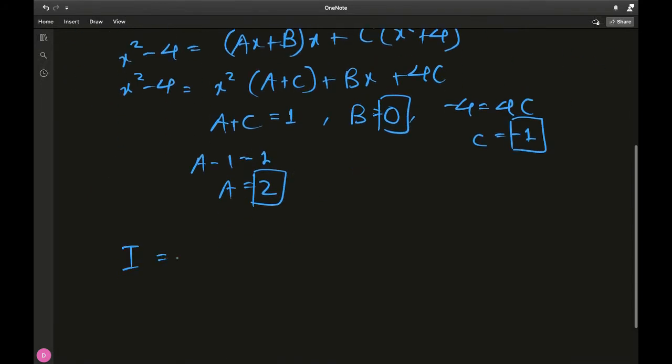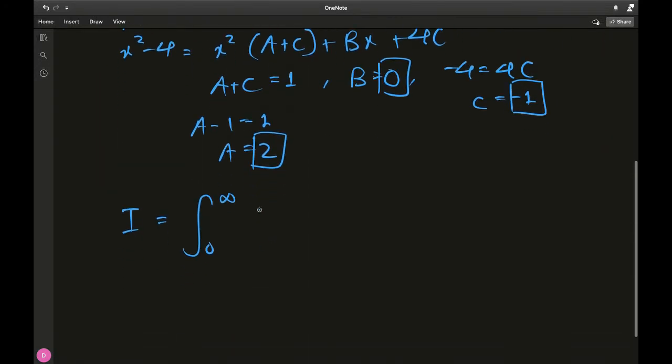So our integral now becomes the integral from 0 to infinity of (2x over x squared plus 4 minus 1 over x), multiplied with the sine 2x that we promised to put in later.